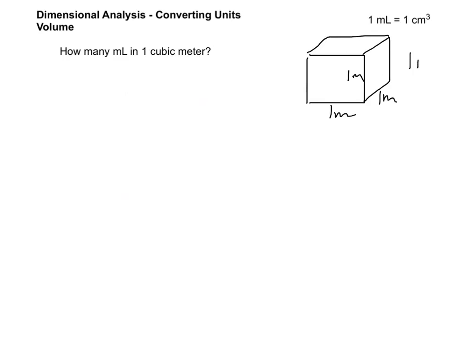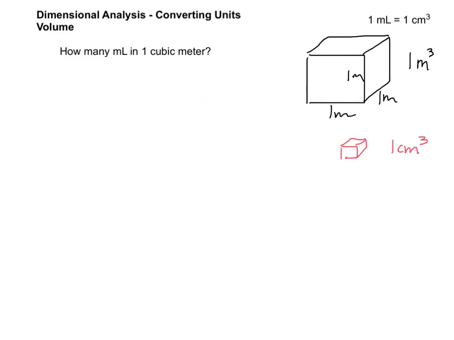This is 1 meter cubed. Now, 1 centimeter cubed is a little tiny box that is basically 1 centimeter by 1 centimeter by 1 centimeter. So this is 1 centimeter cubed.